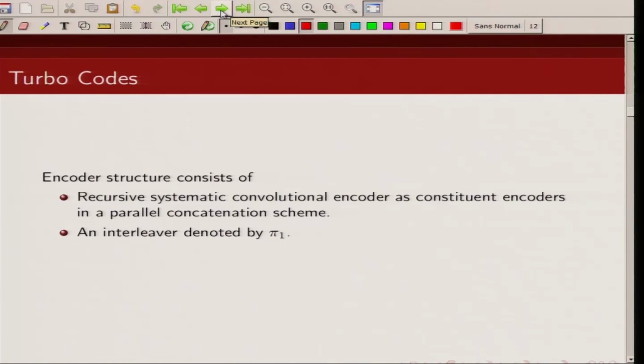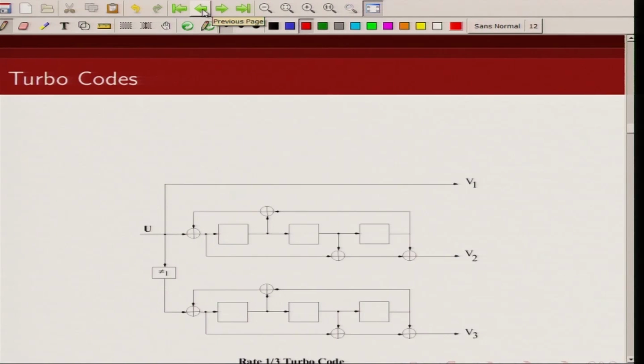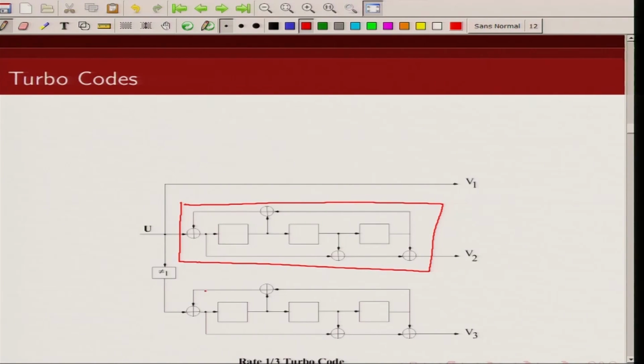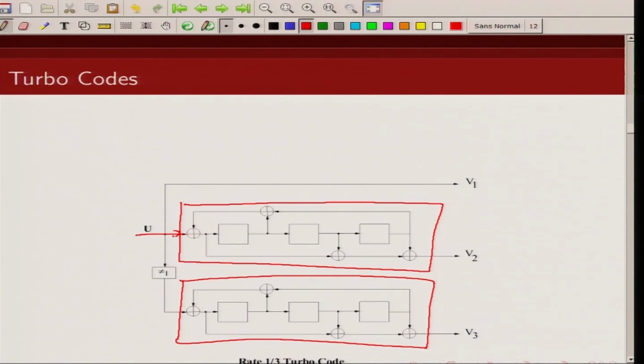So, what does an encoder of a turbo code look like? It consists of parallel concatenation. Maybe I will first show you the diagram. It consists of parallel concatenation of two encoders. This is one encoder and this is the second encoder. And note, the same information bit is going to both encoders. So, this information bit is coming here, and the same information bit after getting interleaved, where interleaving is nothing but reordering of the message bits, is entering this particular encoder, and this is your systematic code.